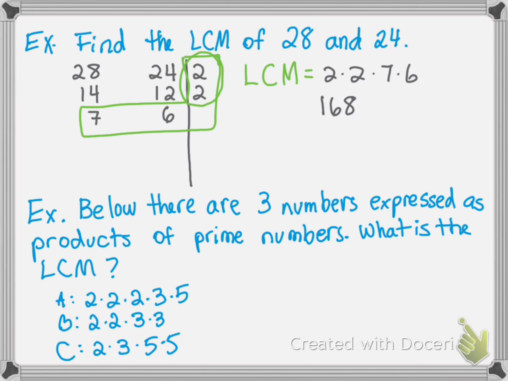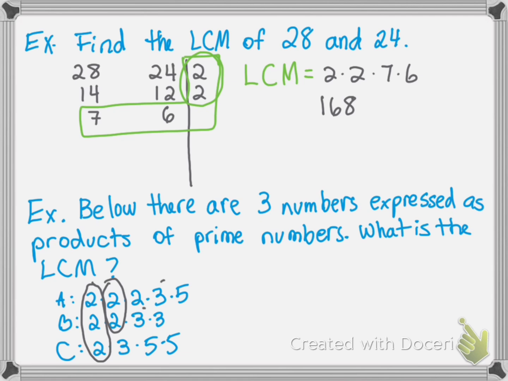In the next example, it says, below there are 3 numbers expressed as products of prime numbers. What is the LCM? Well, remember that just like we saw in the previous exercise, we're going to multiply everything that is common. So we're going to multiply these 2 one time. We're going to multiply these 2 one time.